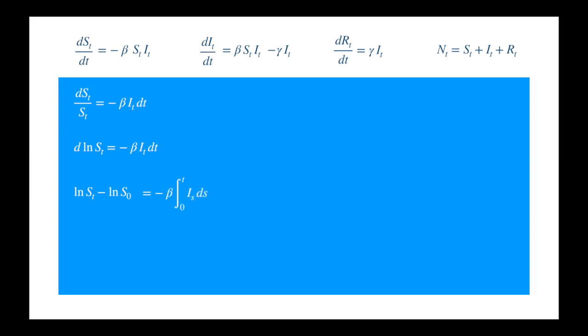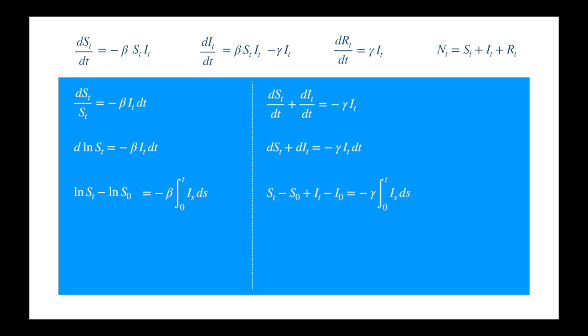Now we need to calculate this integral of I, which we can easily determine by considering the sum of the first 2 differential equations, which we can write in differential form, and then integrate from 0 to t. And we know the sum of S0 and I0 is the total population, so we can substitute N for their sum.